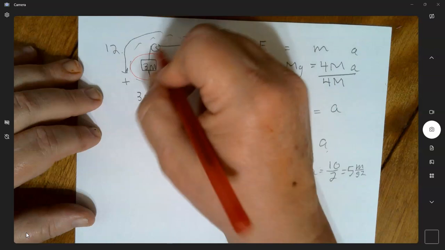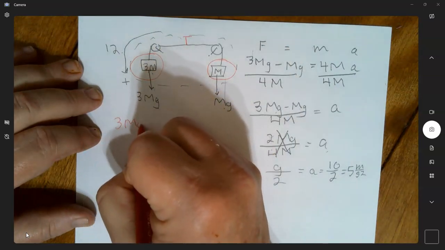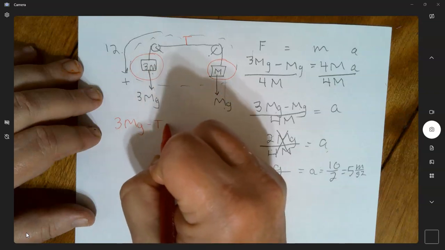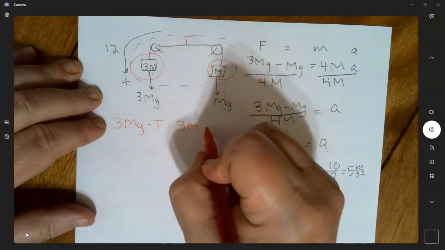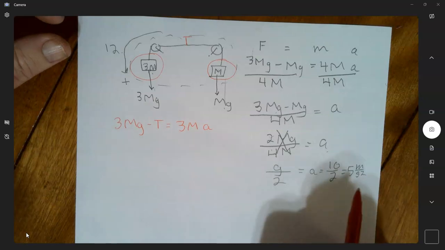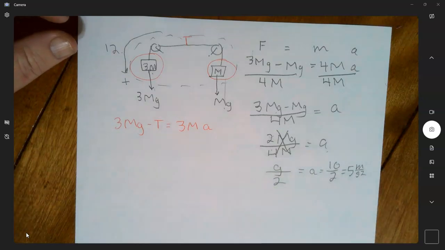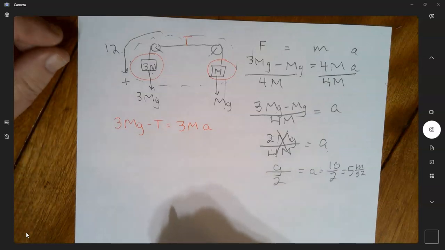It stays T all the way around. So we'll go over here, 3mg, and it's 3m mass times acceleration. Now, hopefully you know by now, you could stop right here and just take the 5 and plug it in here and get the T. But let's write both equations to get good at that, okay?